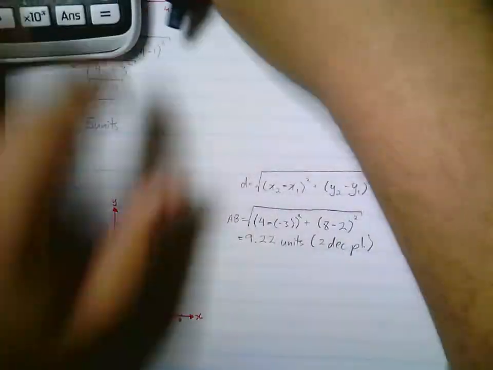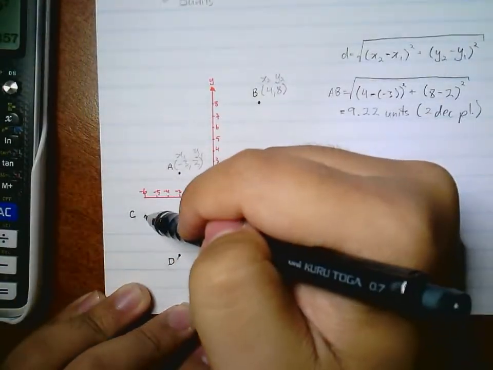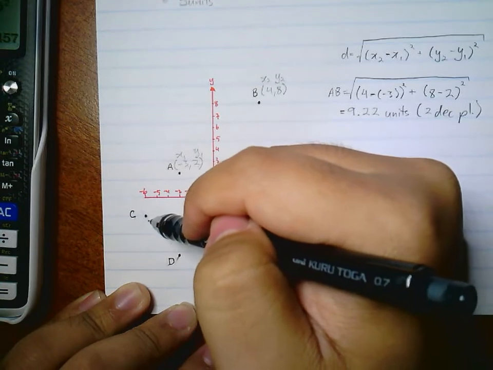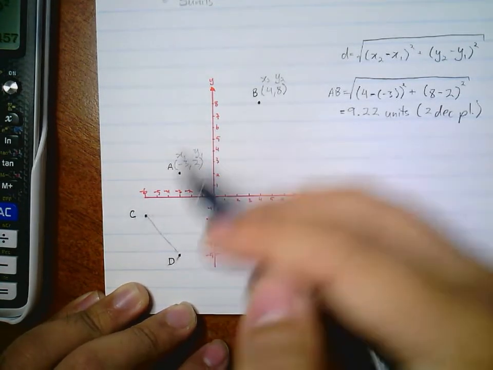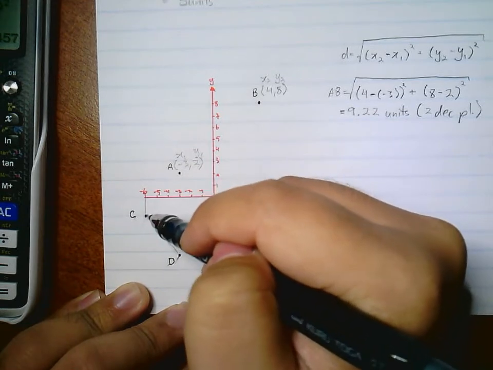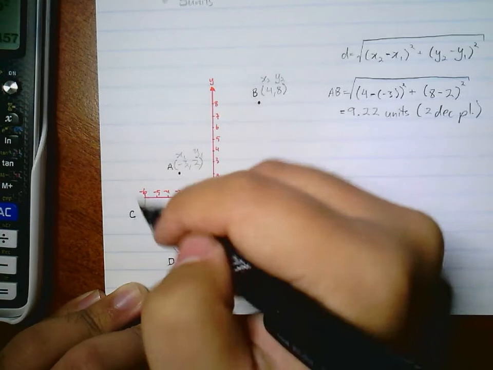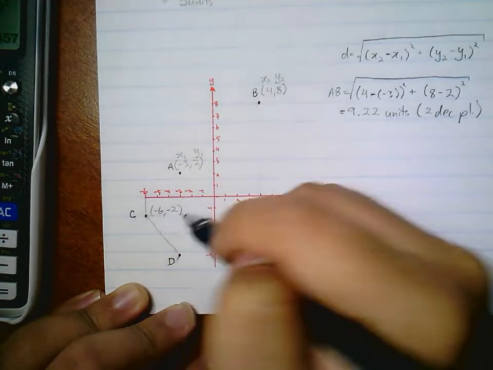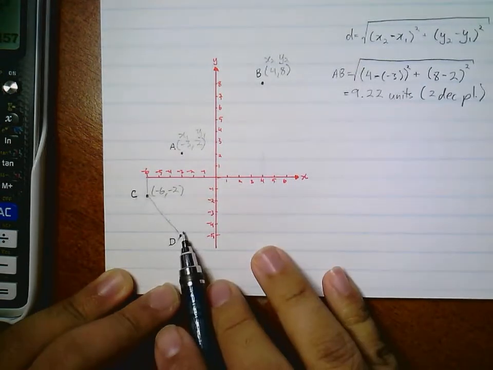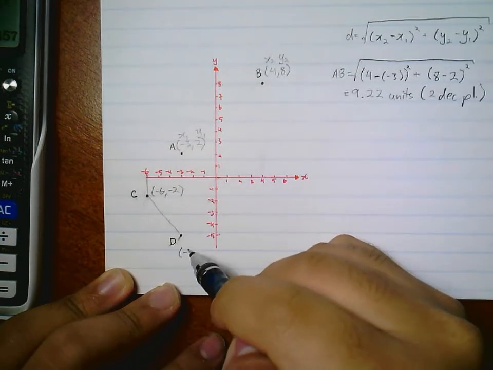Okay, let's move on to the next example, CD. This time they're all negative distances. Let's take a look. This one here is -6, -2, and this one here is -3, -5.